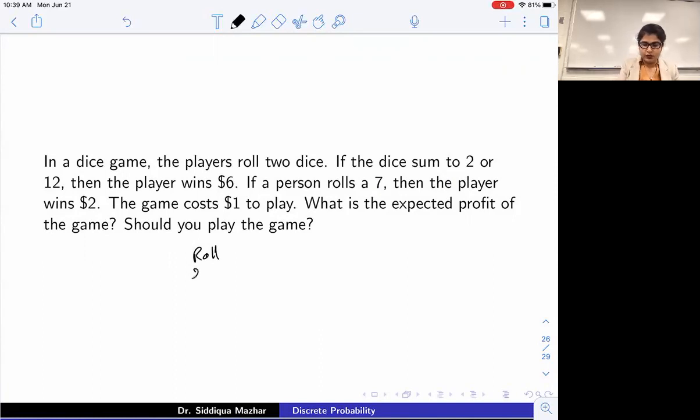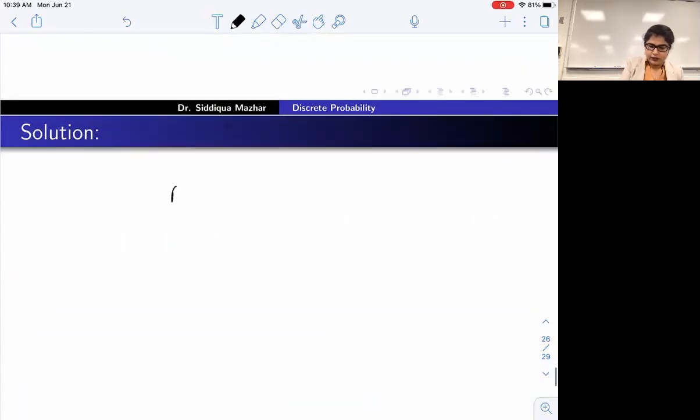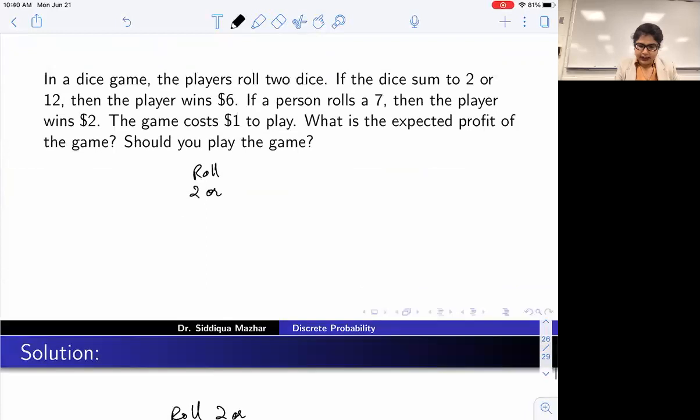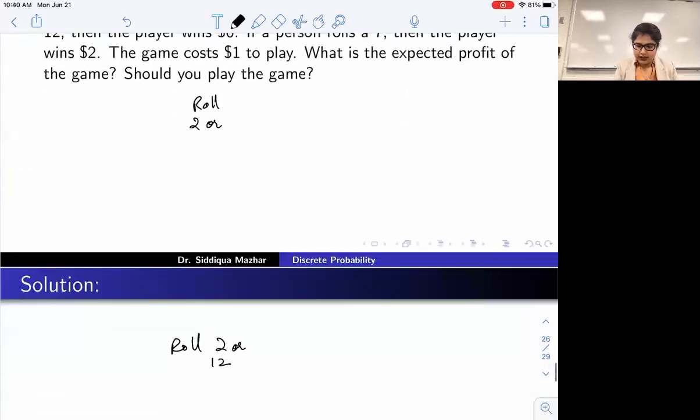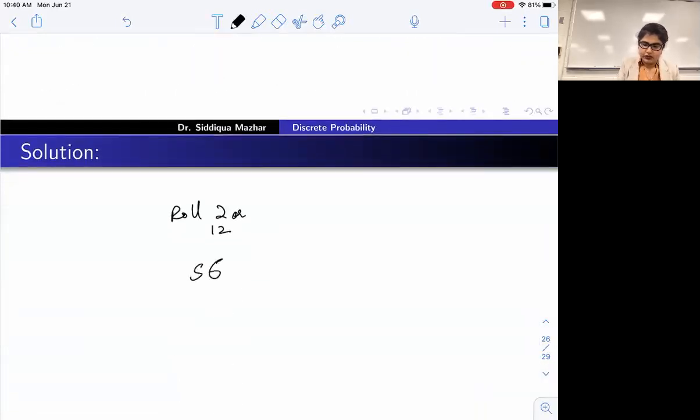If you roll 2 or 12, then how much are they going to get? $6. So the profit will be $5, because he paid $1 to play, and from the $6 he is getting, the $5 is his profit for paying $1 each time.